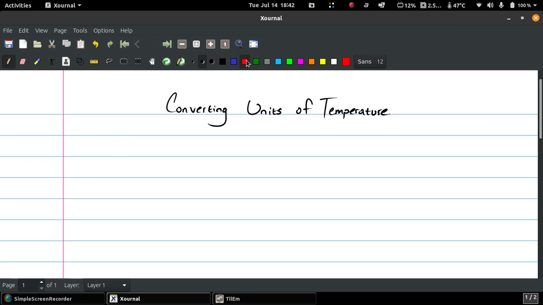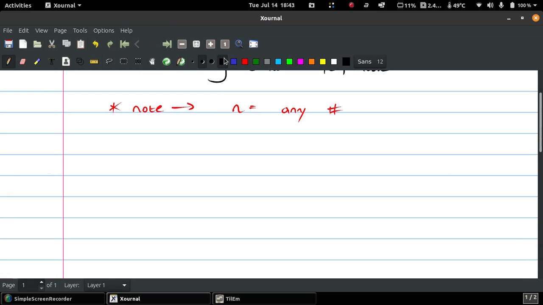Just make a note of this. Note: N equals any number. Okay, so just write these formulas down. This is going to be a pretty quick video because it's not too complicated. It's just plugging numbers into a formula.